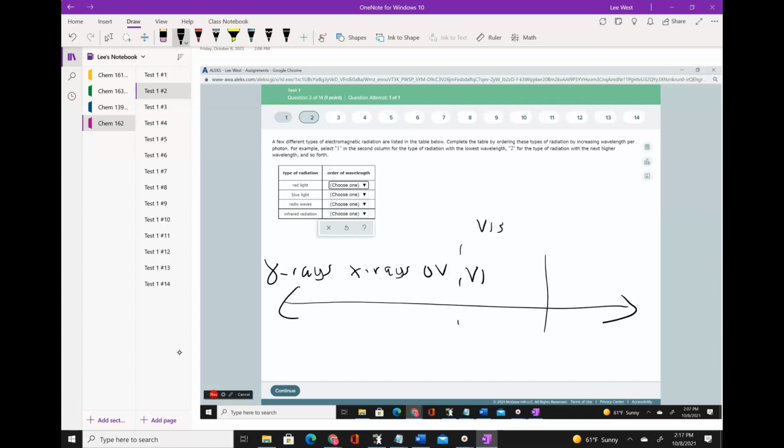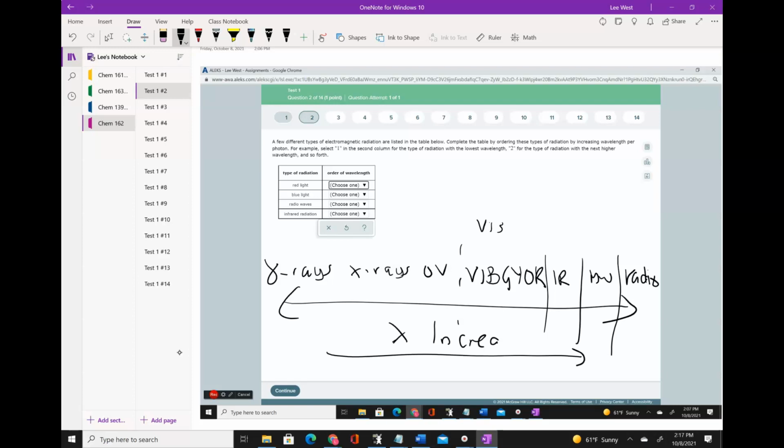There is violet, indigo, blue, green, yellow, orange, red. That's the visible. Then beyond the red we get the infrared, and then we get a microwave, and then we get radio. And wavelength increases in that direction, and frequency decreases in that direction.